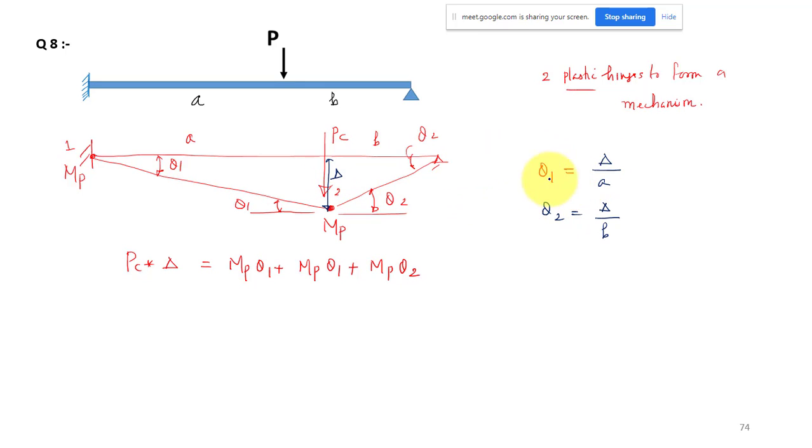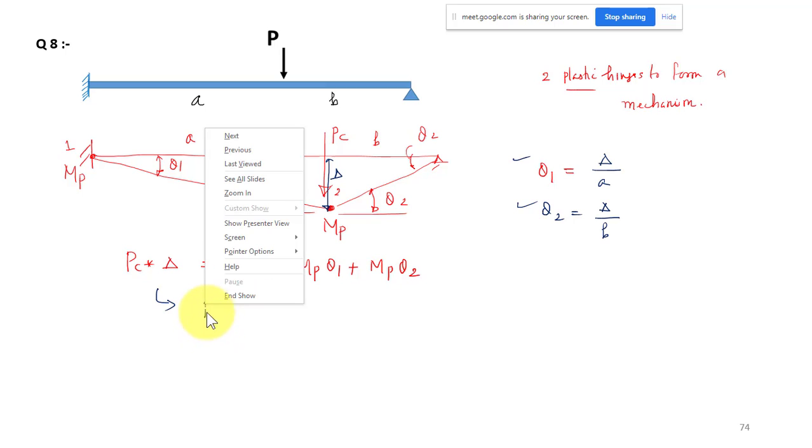So I can substitute theta 1 and theta 2 in terms of delta in this equation, and then you have to just solve it. You can simplify this easily, and you will get your collapse load PC.